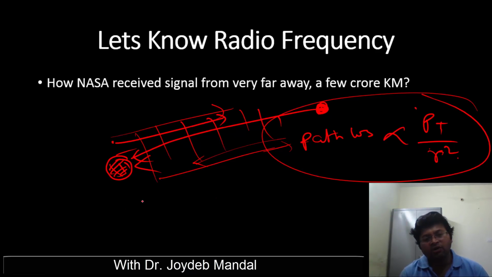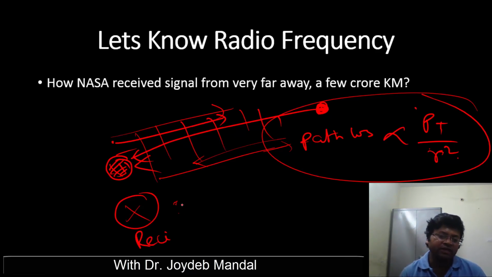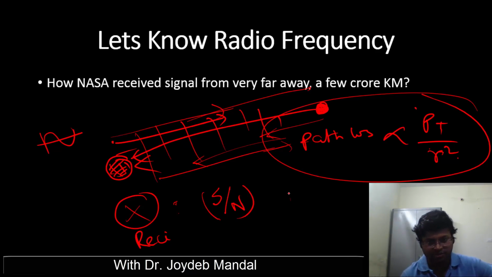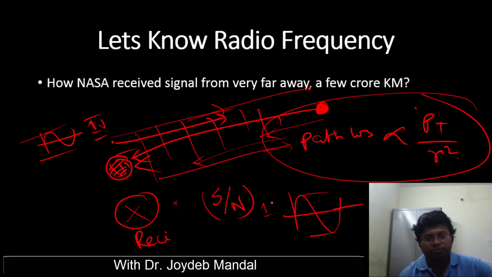Now how do we sense the signal? This is called a receiver. One receiver will be there. How much signal you get is given by a ratio called the signal to noise ratio. Suppose we send a signal to the satellite and it responds and sends some signal back, with an amplitude of, for example, 1 volt, but when we receive it, this 1 volt signal will go down to 1 picovolt.